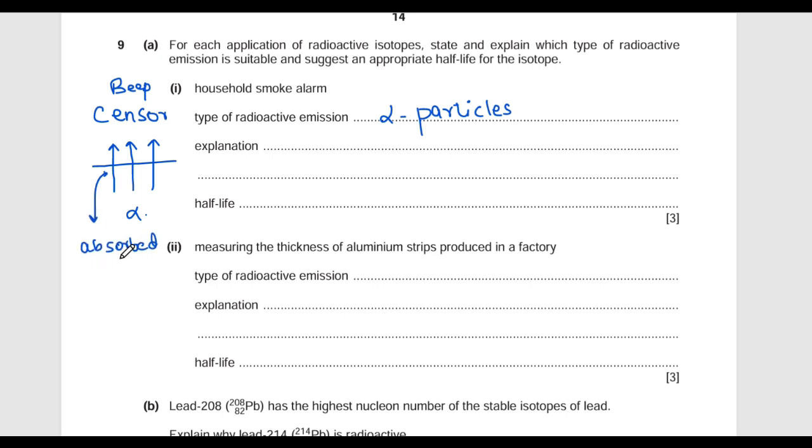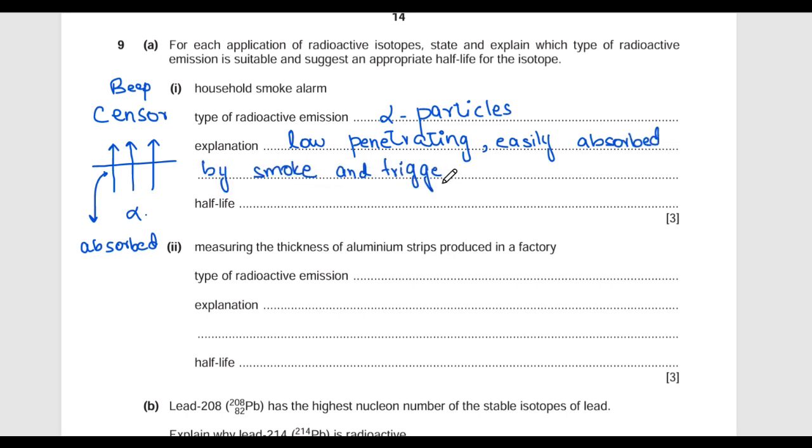So it will start beeping and we will detect the fire. To explain this, we can write, because alpha particles are low penetrating and they get easily absorbed by the smoke and trigger the alarm. And for half-life, you can write any half-life between 50 and 500.